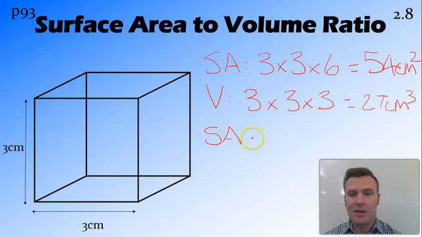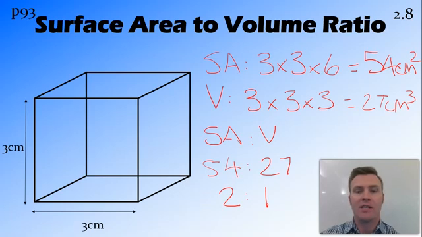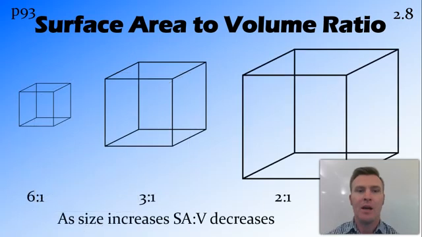So our surface area to volume ratio of this cube is going to be 54 to 27, or 2 to 1. So there's our 3 cubes: how to work out surface area, how to work out volume, and how to put that into a surface area to volume ratio. We had 6 to 1 for the 1 by 1, for the 2 by 2 by 2, 3 to 1, and for the 3 by 3 by 3, 2 to 1.